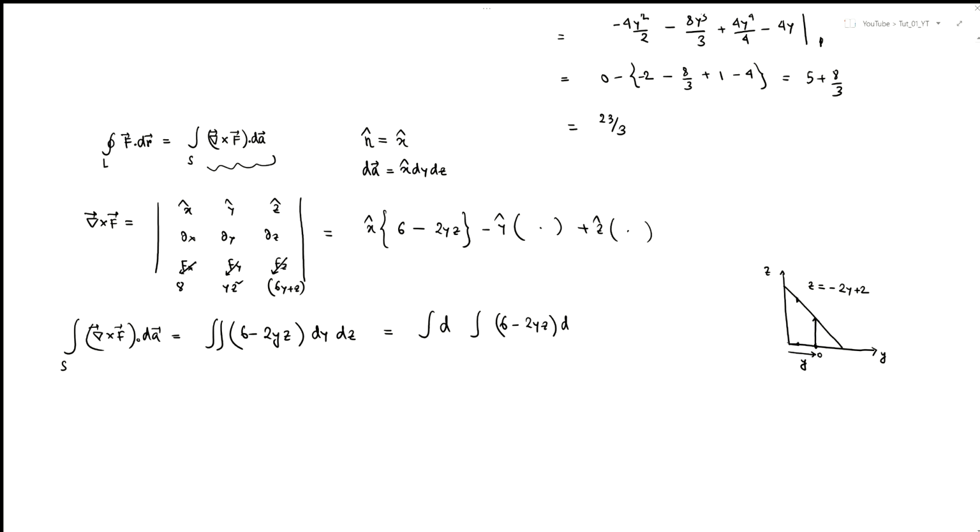First we are doing the z integral, then we will be finding the dy integral. After completing the z integral, y will go from y equal to 0 to this point, which is y equal to 1. This integral we have to find.